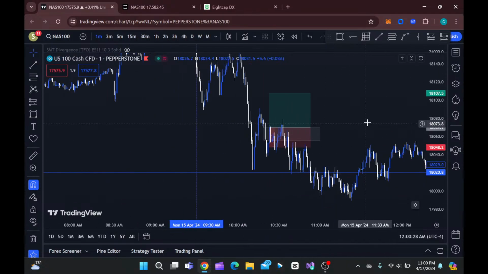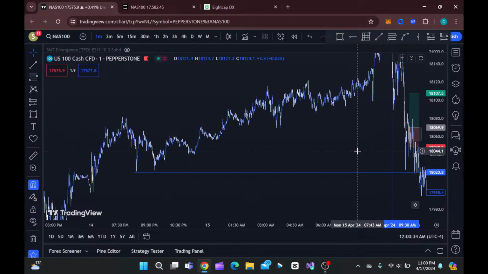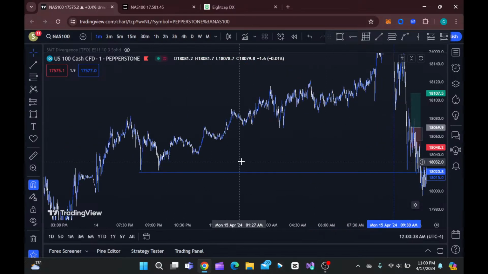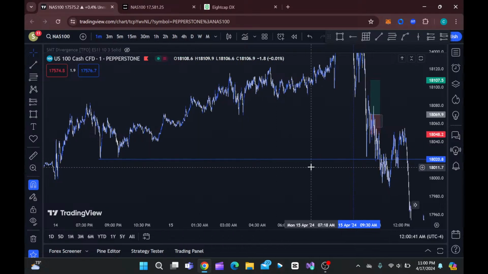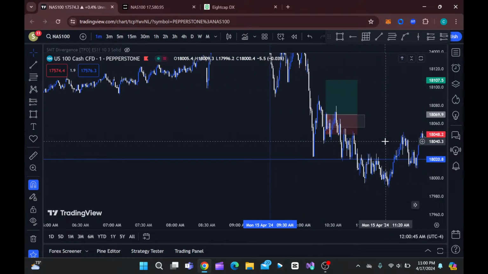First of all, this is not an A+ setup at all, for many reasons. First off, we didn't sweep these, and these are equal lows, which created triple equal lows as I took that long.